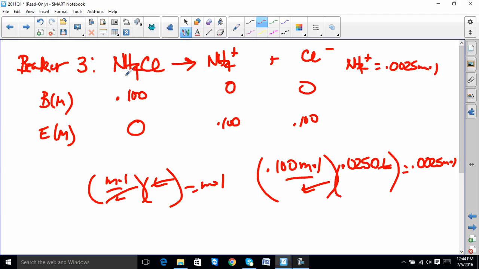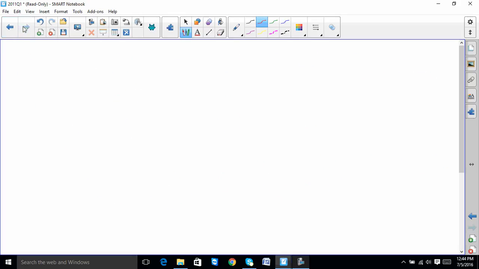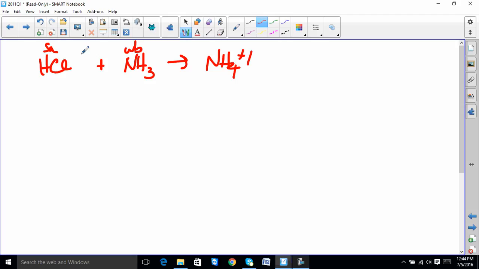Now, the interesting thing is there is no NH4 in beaker 1, and there is no NH4 in beaker 2, but yet, when you mix them together, this is a strong acid, this is a weak base. Acids always react with bases, and you will make it.